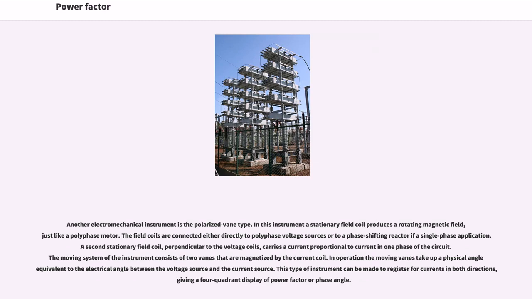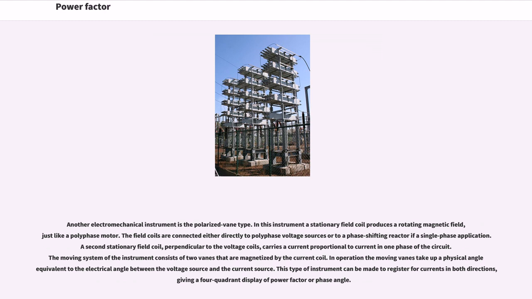Another electromechanical instrument is the polarized vane type. In this instrument, a stationary field coil produces a rotating magnetic field, just like a polyphase motor. The field coils are connected either directly to polyphase voltage sources or to a phase-shifting reactor for a single-phase application. A second stationary field coil, perpendicular to the voltage coils, carries a current proportional to current in one phase of the circuit.